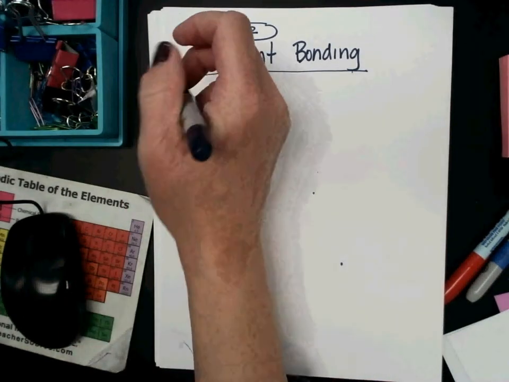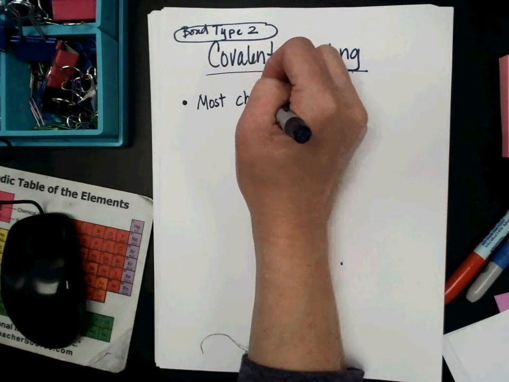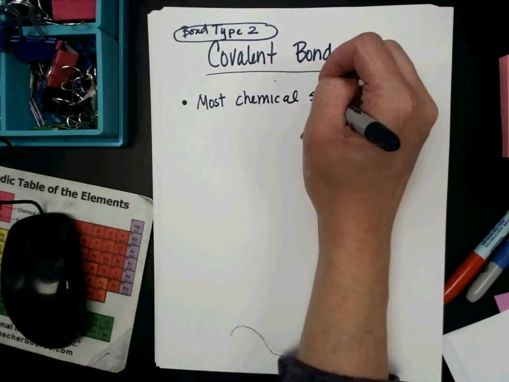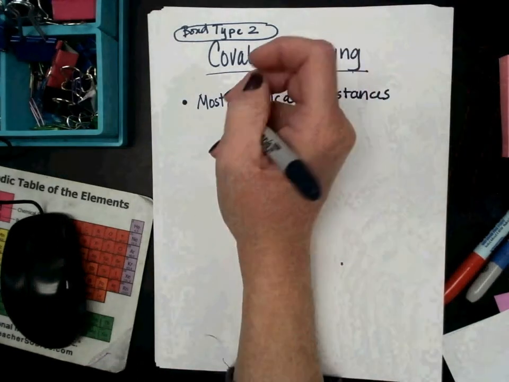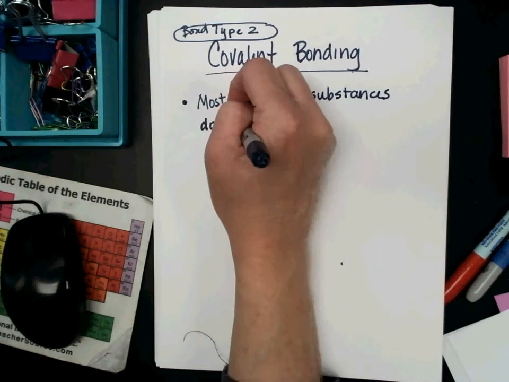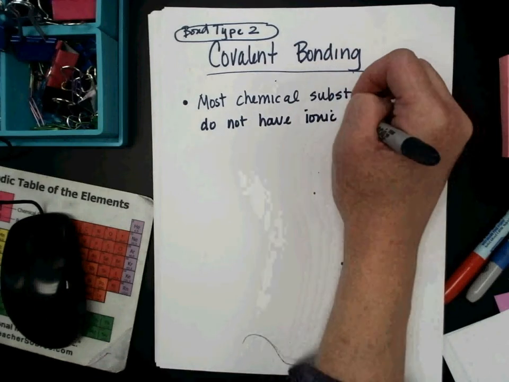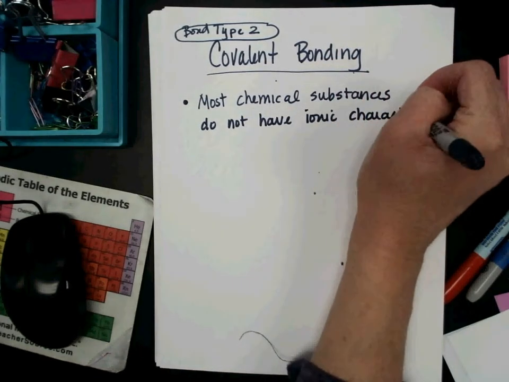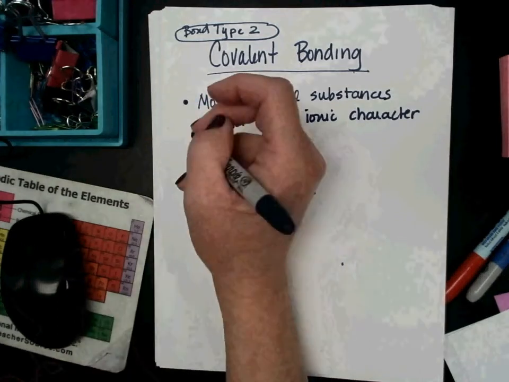Some of the things we should look at are a big, broad overview here, beginning with the fact that most chemical substances do not have ionic character. So most of them do not actually exhibit ionic character, which tells us there must be more covalent compounds than there are ionic.